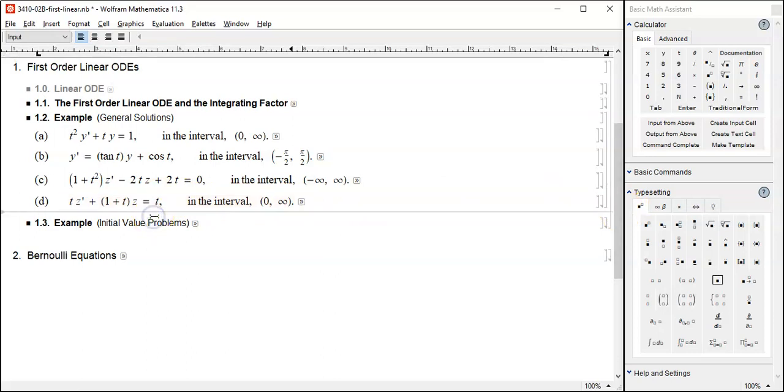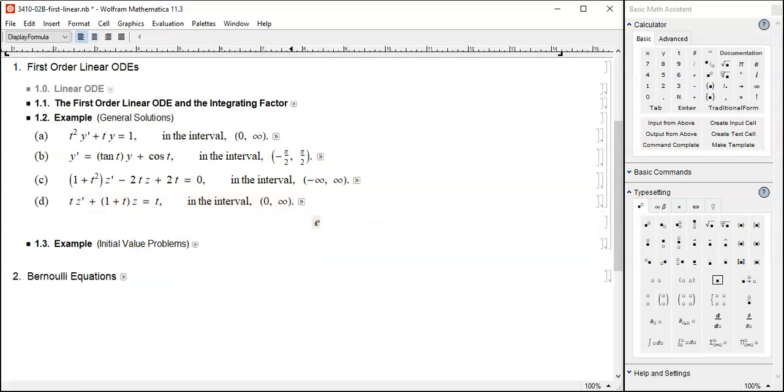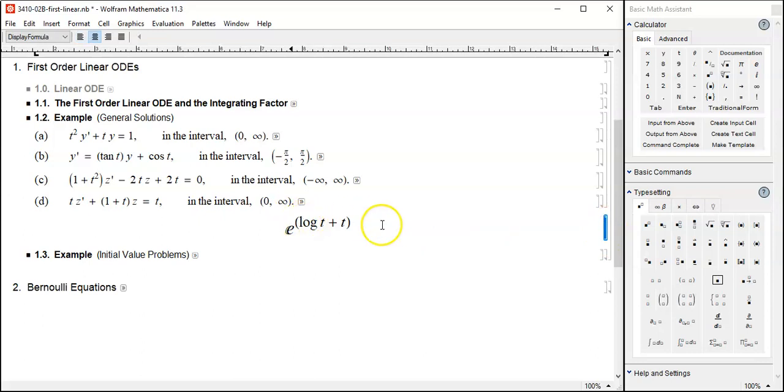Where were we? If I remember correctly, we were here. So that was the integrating factor. And then how do you work it out from here?